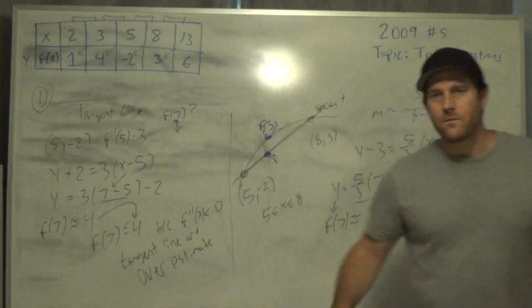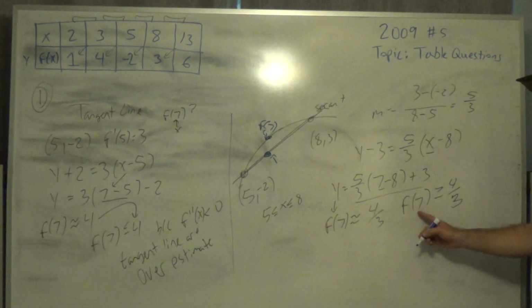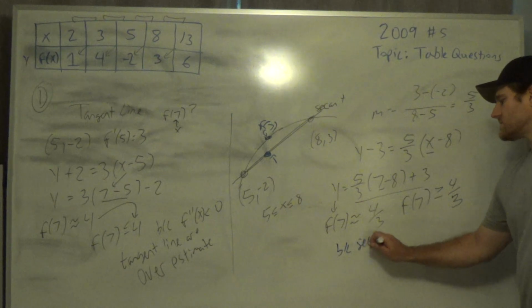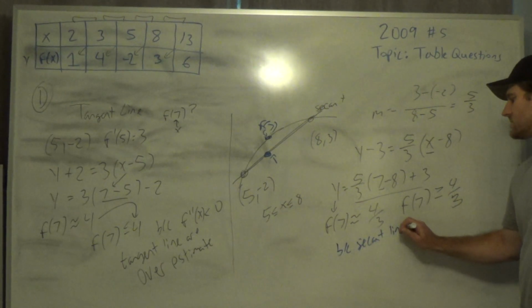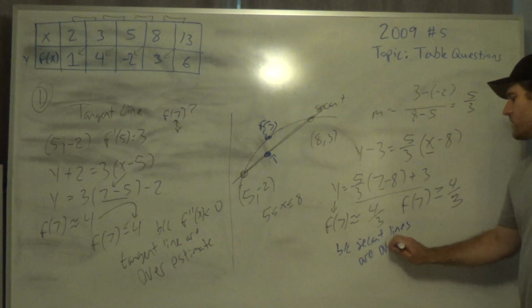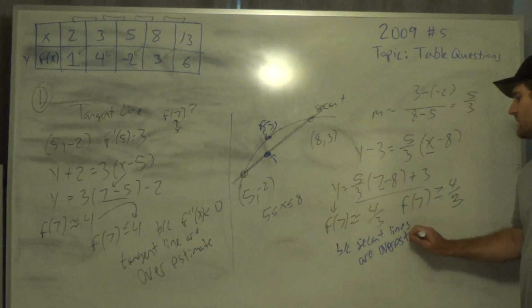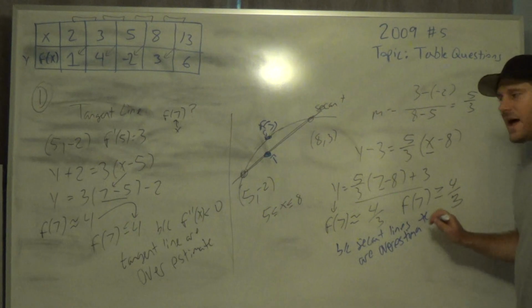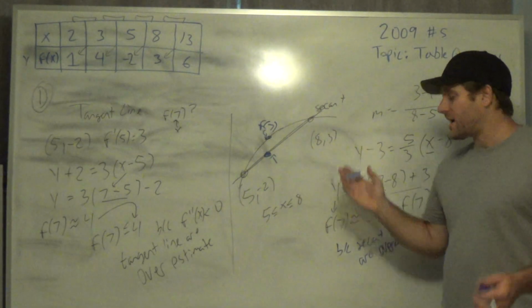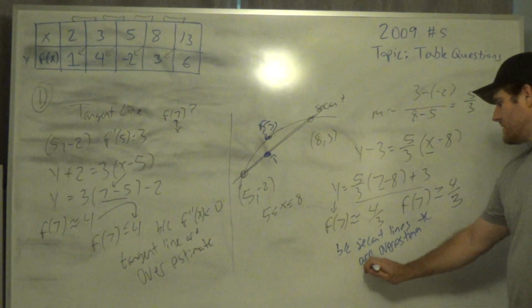So because of that, we can say the real answer is greater than this because secant lines are... Now, why is it an underestimate? Well, we've never talked about this in class, but if tangent lines dealt with concavity, and the only thing they gave us is concavity, let's just go with concavity.